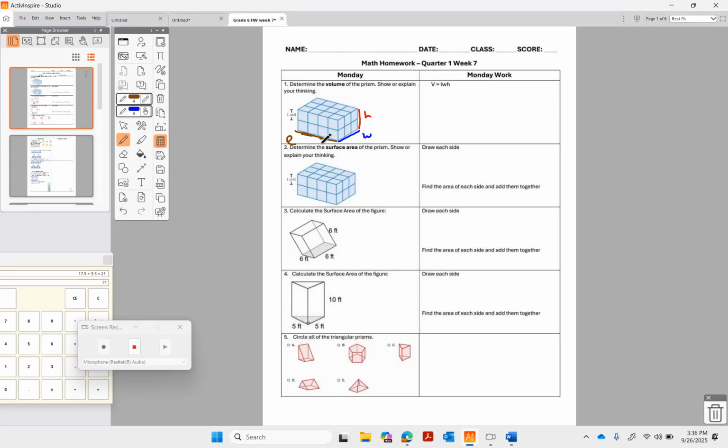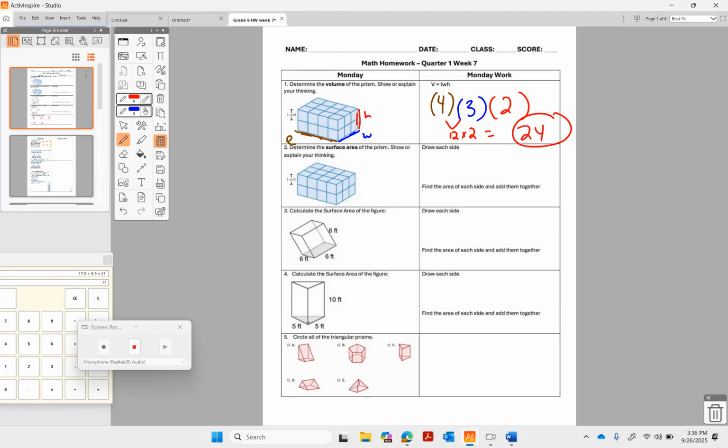My length is 4. My width is 3. My height is 2. 4 times 3 is 12. Times 2 is 24. That is the volume.